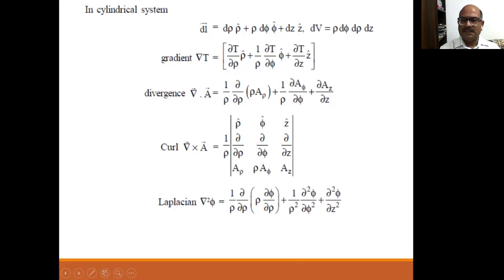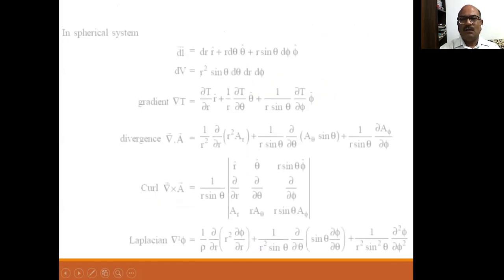And in divergence, del dot A, where both these del and A are in cylindrical coordinate system, is given. Again, curl in cylindrical coordinate system is 1 by rho in matrix, rho, phi, z, del by del rho, del by del phi, del by del z, A rho, rho A phi, A z. Laplacian equation is also given.